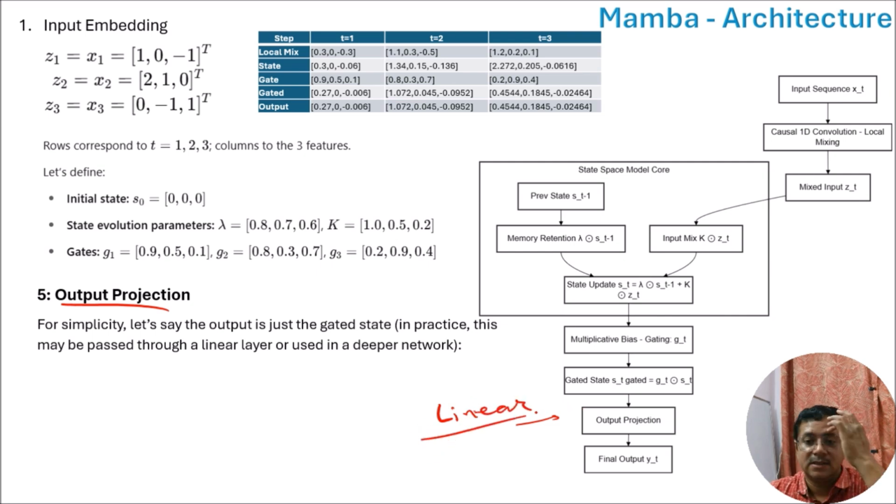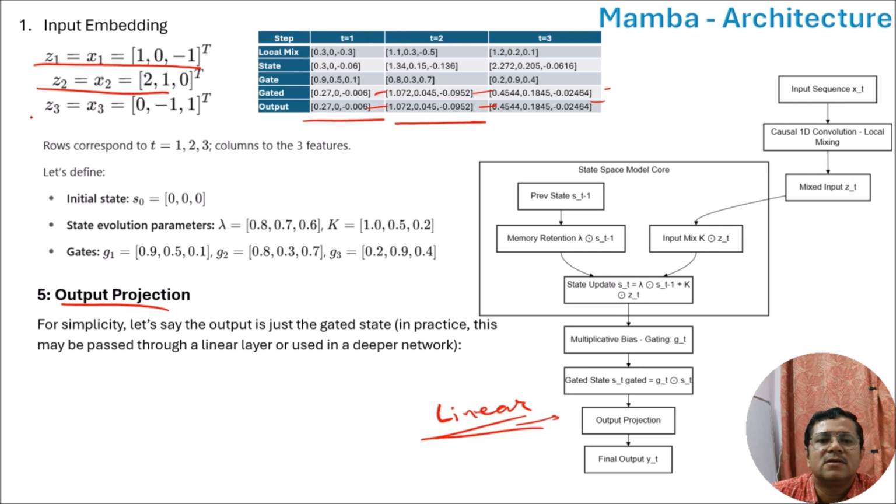In the case of linear output projection, we just use the same value here as the final output. So now you are able to understand that this was our input for which we got this output. For this input, we got this output, and for this input, we got this output.